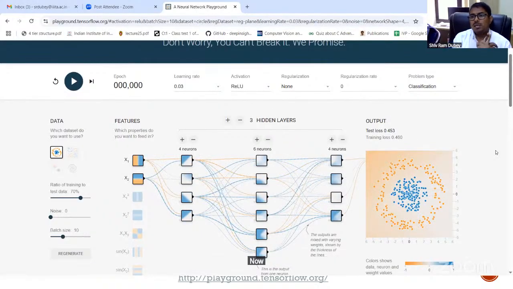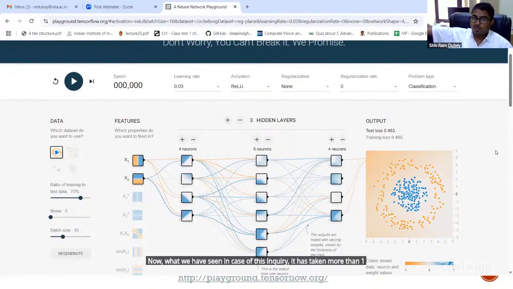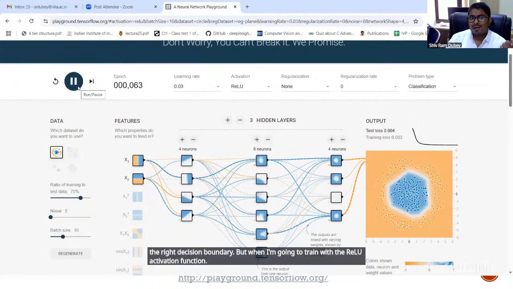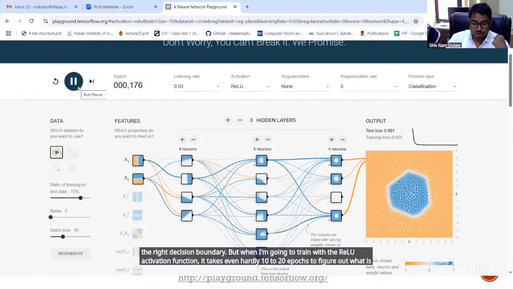In the case of sigmoid, it took more than 1,000 epochs, in terms of iterations, just to figure out the right decision boundary. But when I train with the ReLU activation function, it takes hardly 10 to 20 epochs to figure out the right decision boundary.